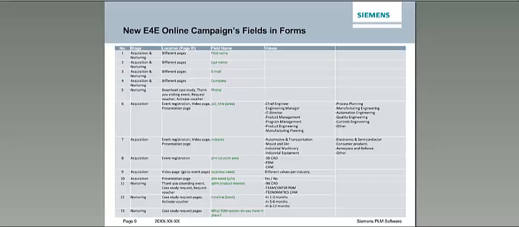So you see here that we have questions about job. It's important that we know what kind of position the contact has, if the contact that we are talking to is active and working in the industry that we are targeting, and also if there is an interest in PLM products, meaning Siemens PLM products, and what product the interest is.